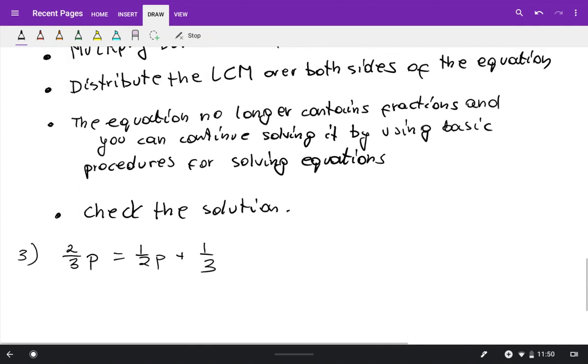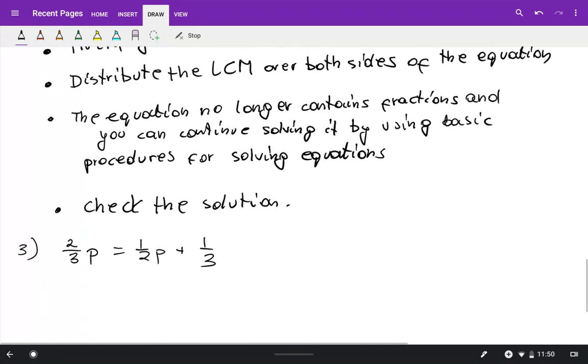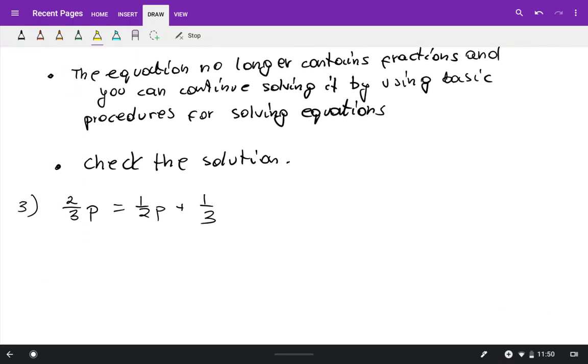Going back to those steps, first I need to find the LCM, lowest common multiple, of the numbers which I have in fractions. The denominators are 3, 2, and 3. So you need to find the lowest common multiple of 3 and 2.